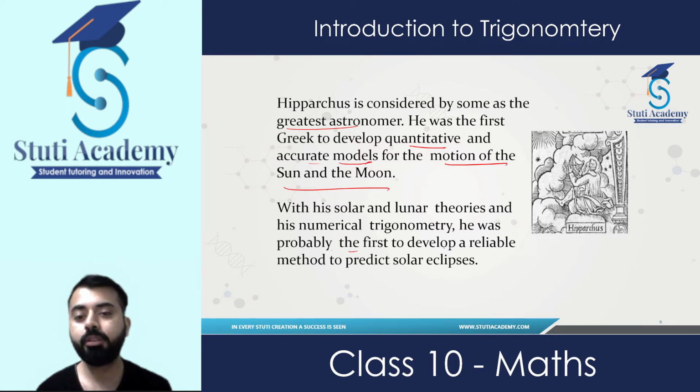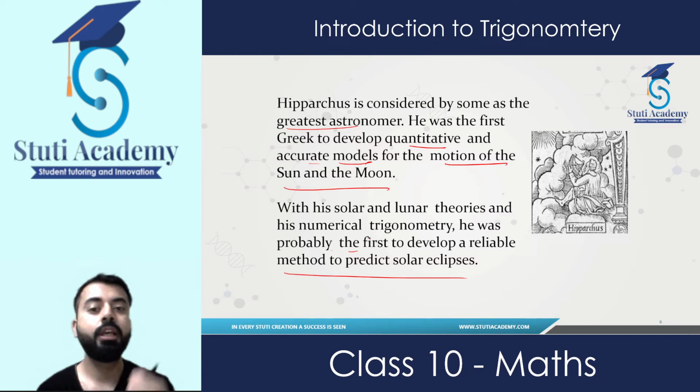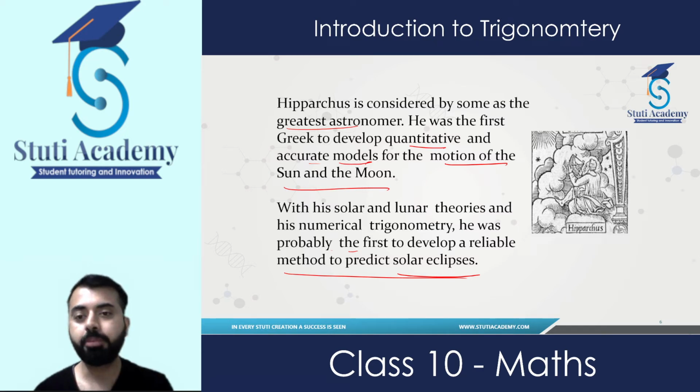He was probably the first to develop a reliable method to predict solar eclipses. He used our trigonometric functions and even predicted the solar eclipses that were going to take place later on in that time period. So he used the motion of the sun and moon and pinpointed the time when the solar eclipse would take place. He was one of the brightest astronomers of that period.